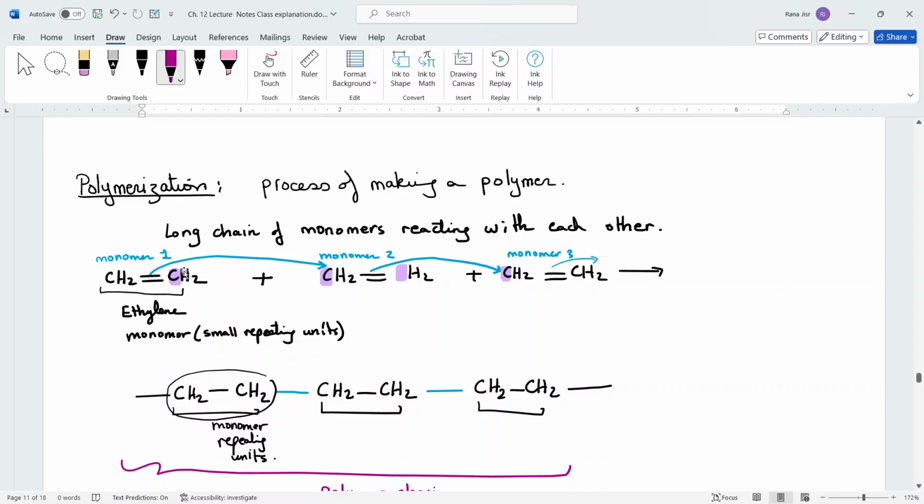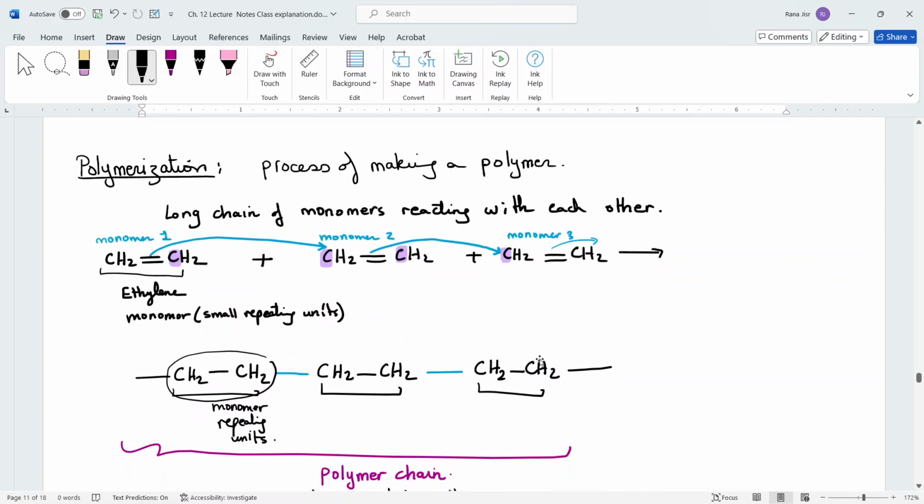Those monomers start reacting with each other from the reactive site, which is the alkene. So the double bond of the alkene opens up and makes a new bond between this carbon and this carbon, and so forth, so that you can make a chain.